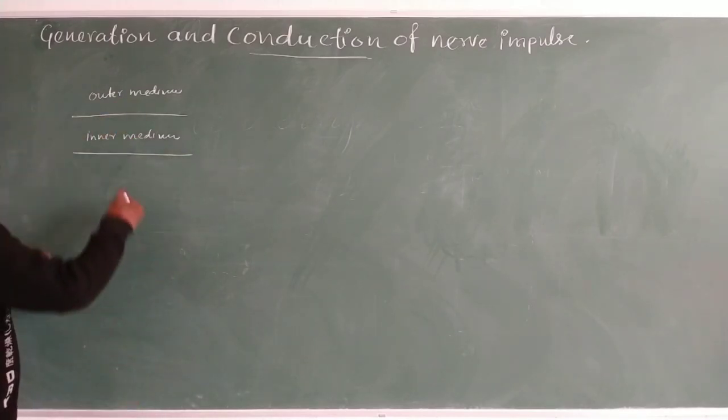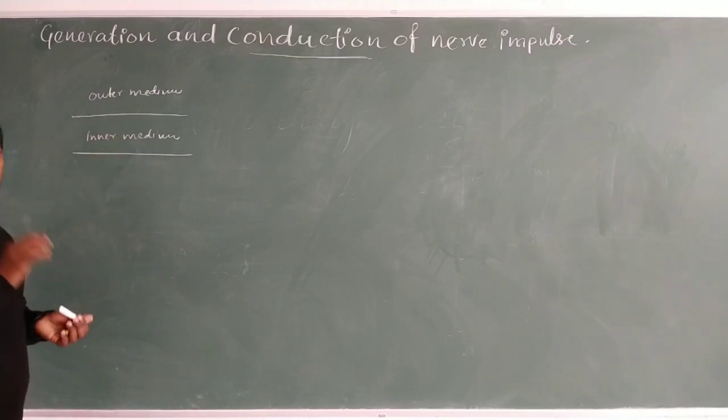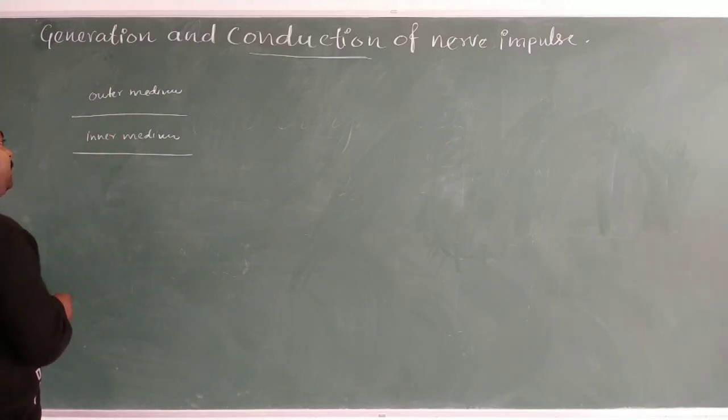Inside the axon, the medium contains negatively charged ions.